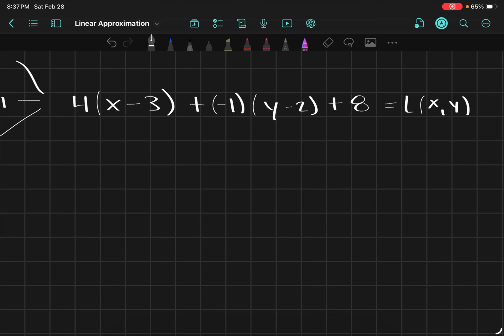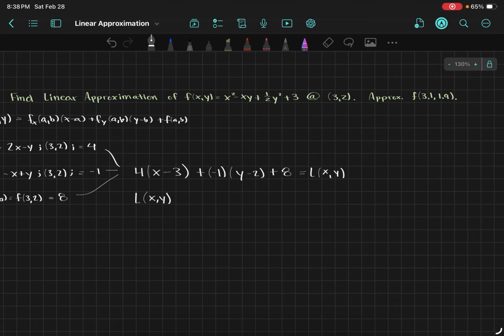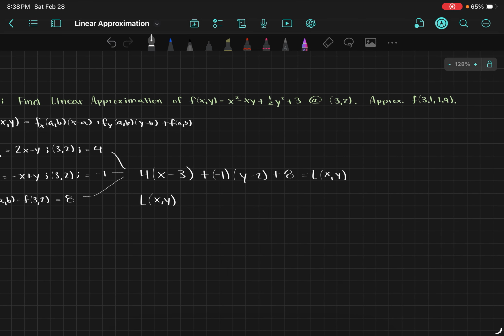So algebraically, the question is, do we want to simplify this? The answer is no. We could make our job more difficult. So yeah, that's a short answer. It's going to make our job more difficult, and perhaps you can see that when we're asked to approximate the function at (3.1, 1.9).